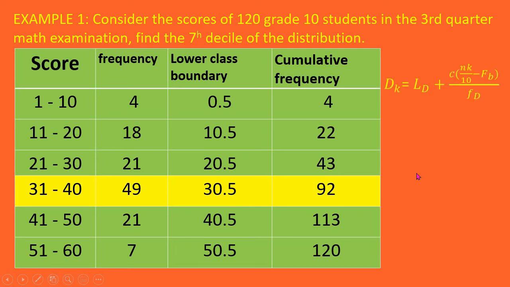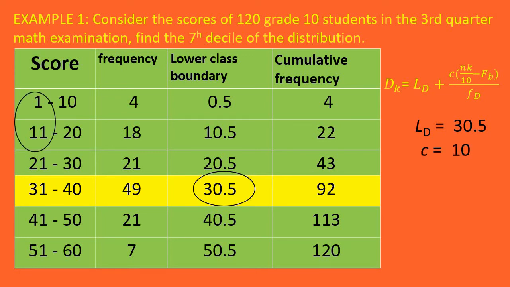Let us now use our formula in finding decile for a group data. Let's find the value of each symbol in the given formula. So LD, or the lower class boundary for the 7th decile class, is 30.5. C, that is our class size, that's 10.